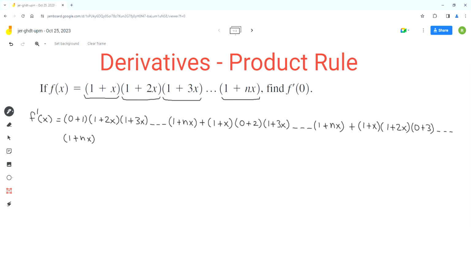So if we continue with this pattern all the way to the last binomial, the last part of the extended product rule will be, we'll start with the first function (1 plus x) times (1 plus 2x) times (1 plus 3x) and now we'll go all the way to the end, and that will be the derivative of the last binomial in the given function f of x, and that will be 0 plus n.